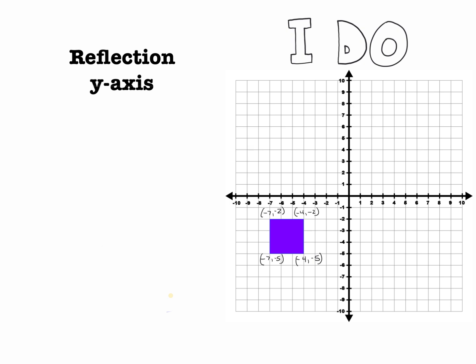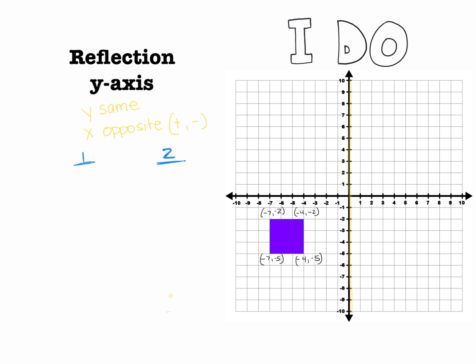Okay, now let's try reflecting it over the y-axis. So this time, as you probably could guess, the y-coordinate will stay the same, and the x-coordinate will be the opposite. So same number, just positive or negative, you switch that one.